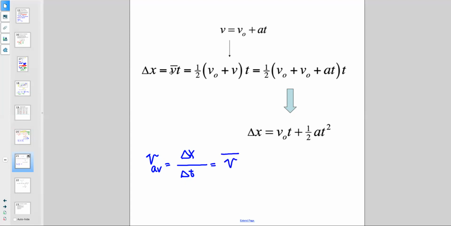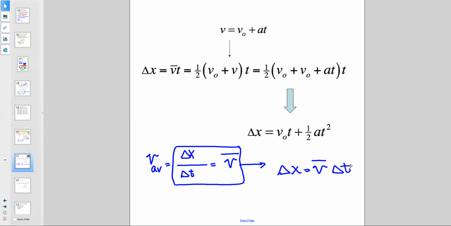That's the exact same thing here. So take this V average and write it like this. Delta X is V average times delta T. Okay? And that's the formula that we have right there.